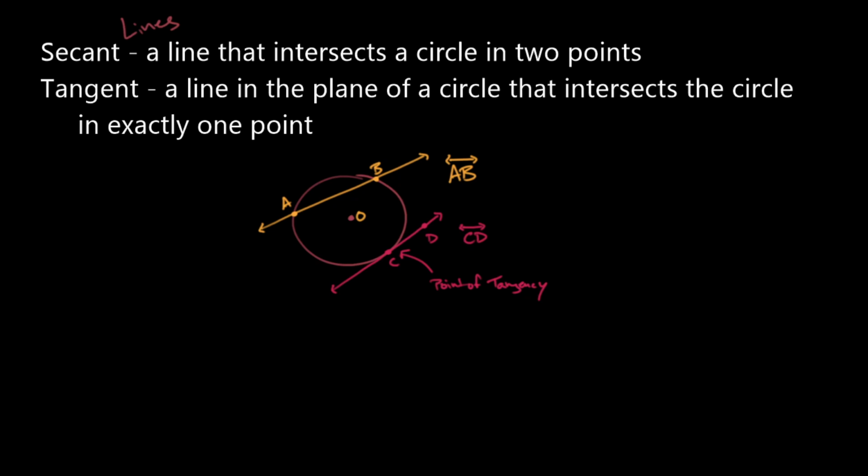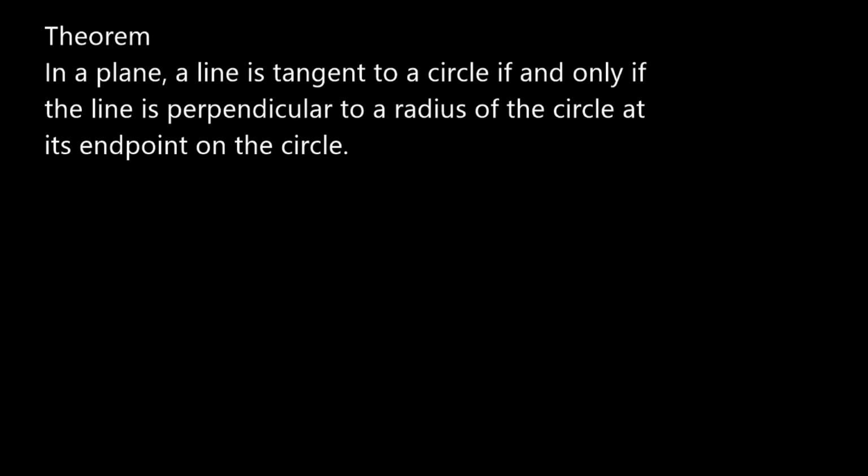I'm going to add one more thing here, which is actually a theorem, which is about tangents, and it is this. So it says that if I have a circle, and a line is tangent to that circle, let's draw my tangent line.